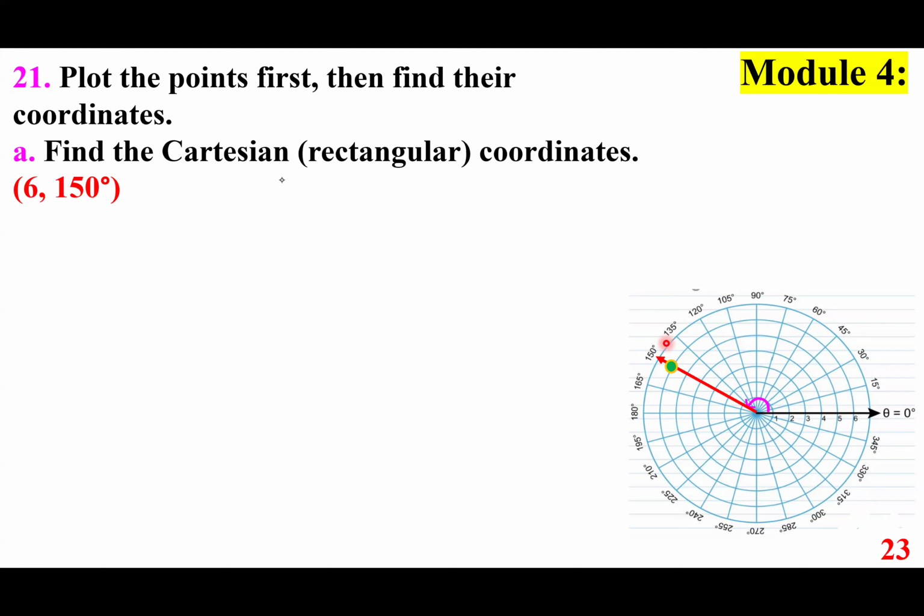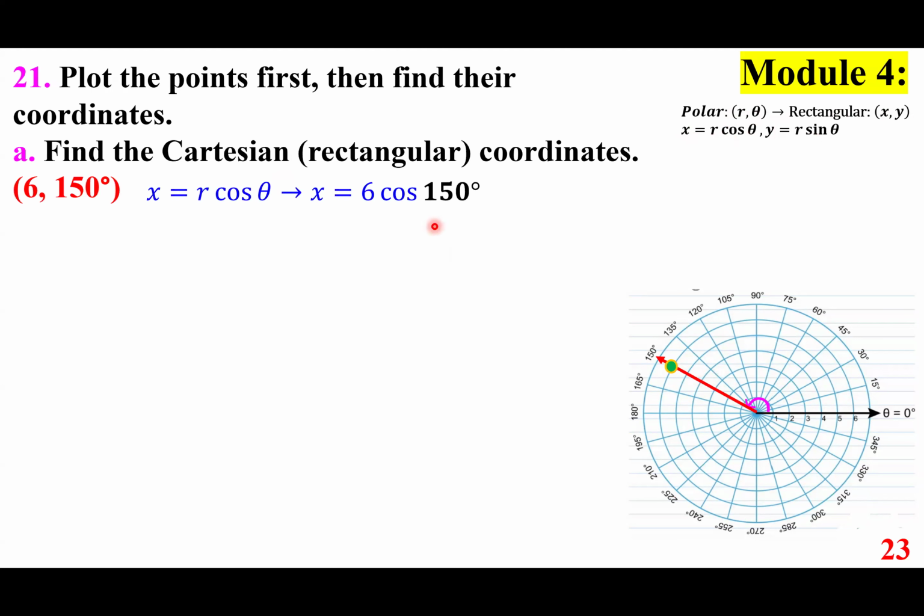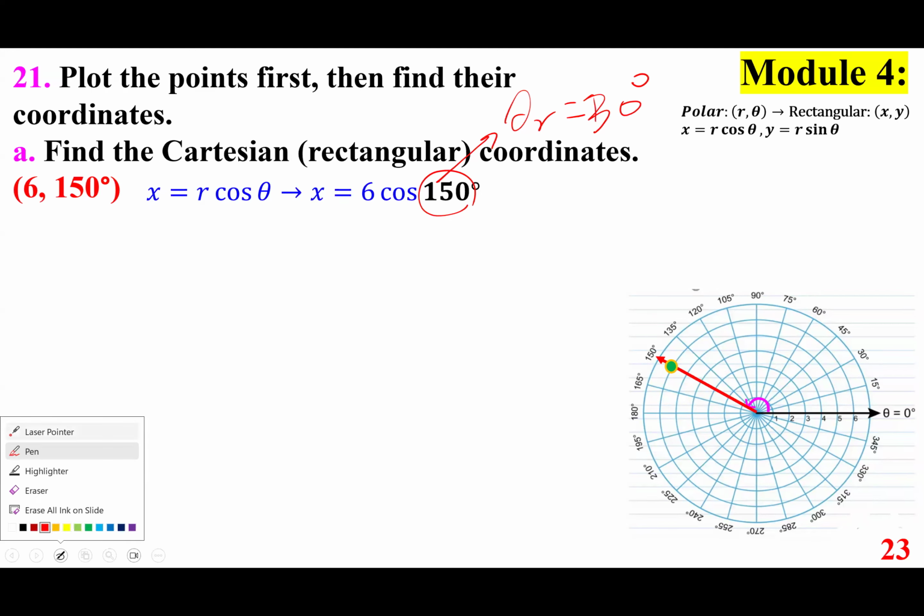Now, to find the Cartesian coordinates, reminding everybody that polar is r comma theta, rectangular is x comma y, and x is r cosine theta, y is r sine theta. So let's go with x equals r cosine theta, cosine of 150. And I'm going to remind you, 180 minus that, the reference angle is 30 degrees, which means it is the same as cosine of 30 degrees.